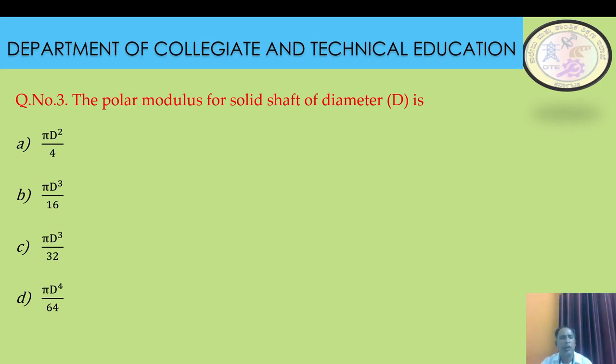It will be pi by 16 into d cube. The actual answer is B, not C. Answer is B, pi by 32 into d cube divided by d by 2, so therefore pi by 16 d cube.